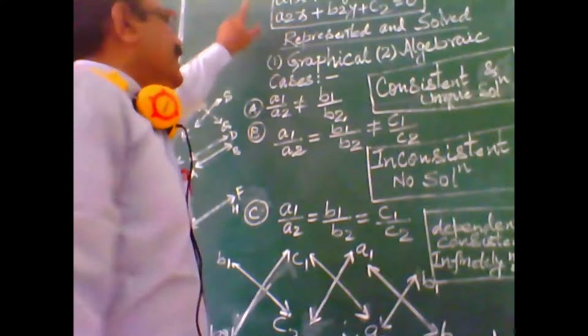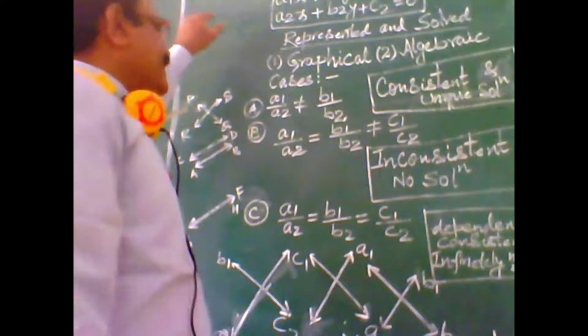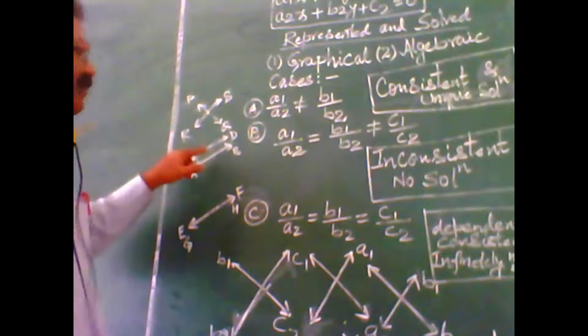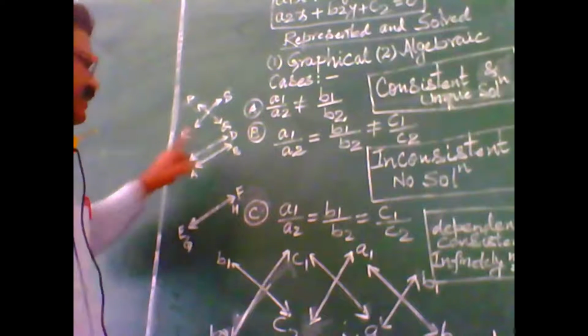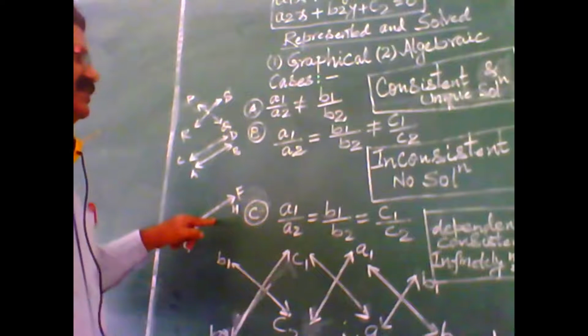So three conditions may arise: either they will intersect each other, or they will be parallel to each other, and the third case is that they coincide with each other.